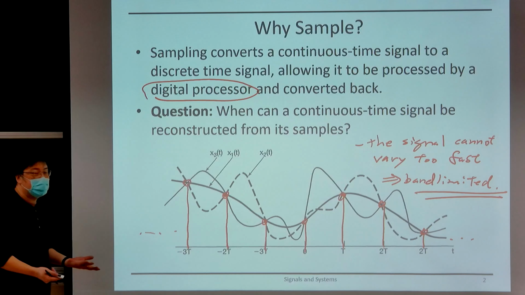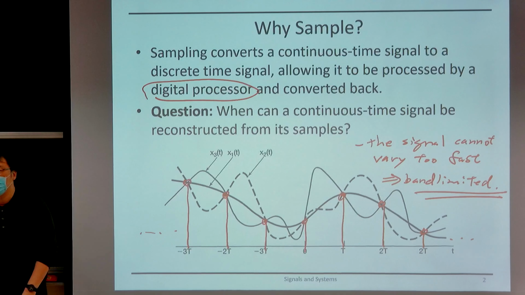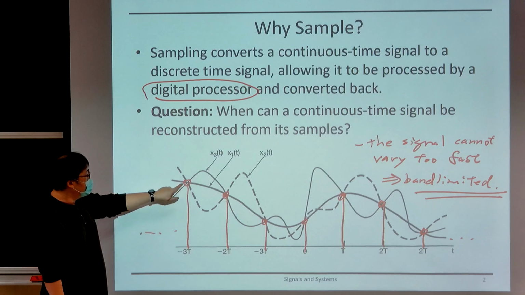The signal could be something like this, or something like this, or anything that intersects with these points. So when is it possible to use these discrete samples to uniquely represent the continuous time signal?